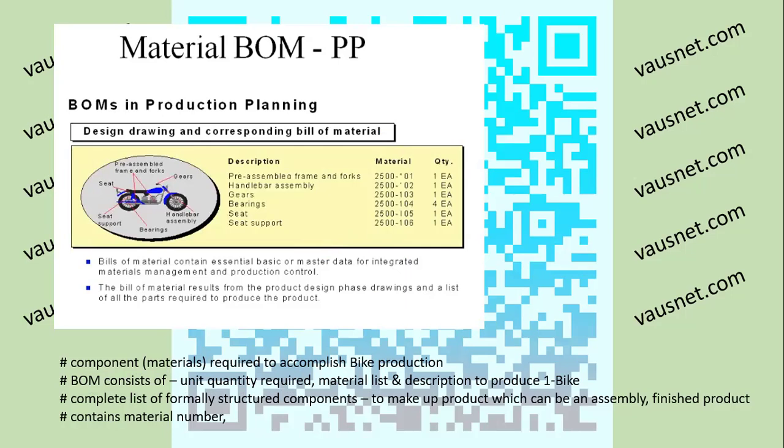So more of one material will be required. So quantities can increase or decrease. A complete list of formally structured components will be there to make up that product. Okay, to make that finished product. It contains the material number reference as well.